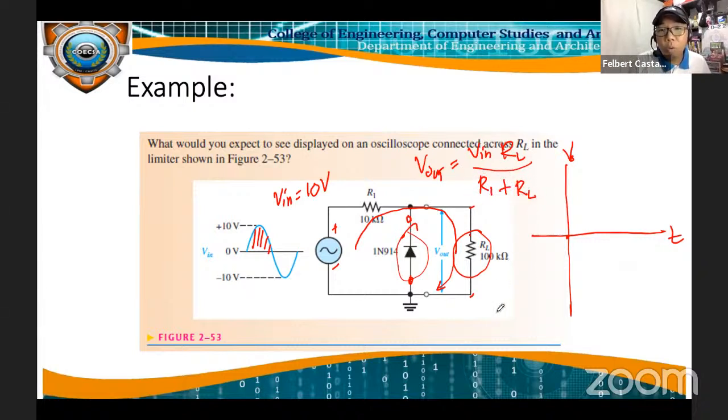V in is positive 10 volts. R sub L is 100 kilo ohms, so that is 100,000, all over 10K plus 100K. Ano yan? 110,000.